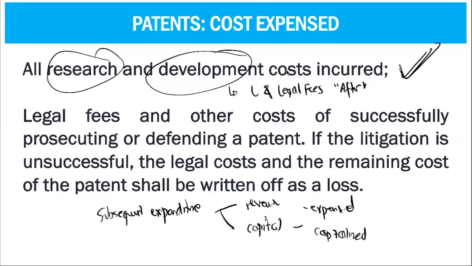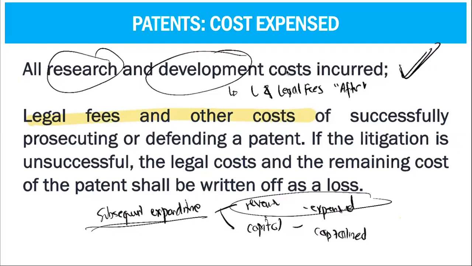So what are the revenue expenditures considered to be expense as a subsequent expenditure on your patent? That is your legal fees and other costs of successfully prosecuting or defending a patent. So any legal costs on a particular case as to your patent must be expensed.